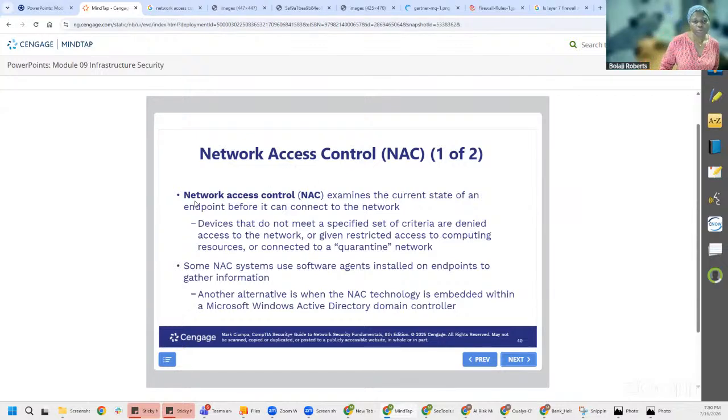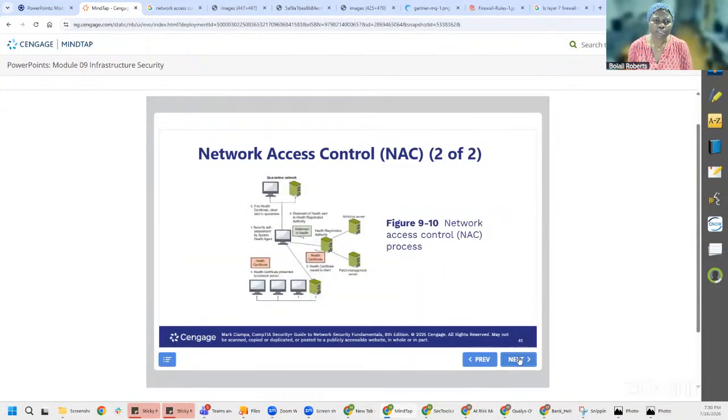So it's pretty much the way the name sounds, network access control. Computers, laptops, tablets, operating systems. It even does things such as blocking USBs from the computer. So this is a simple process where you have a quarantine network here.